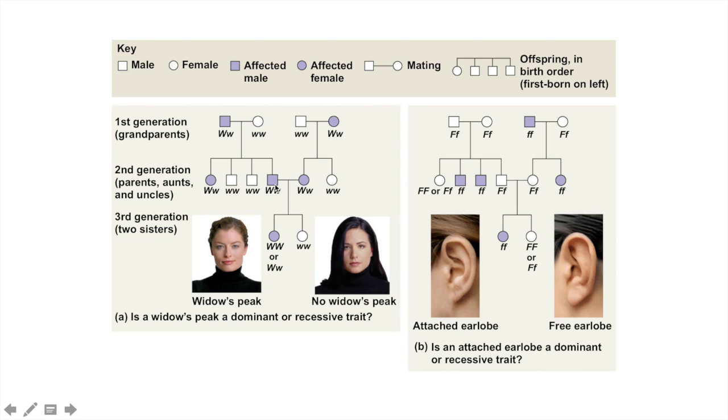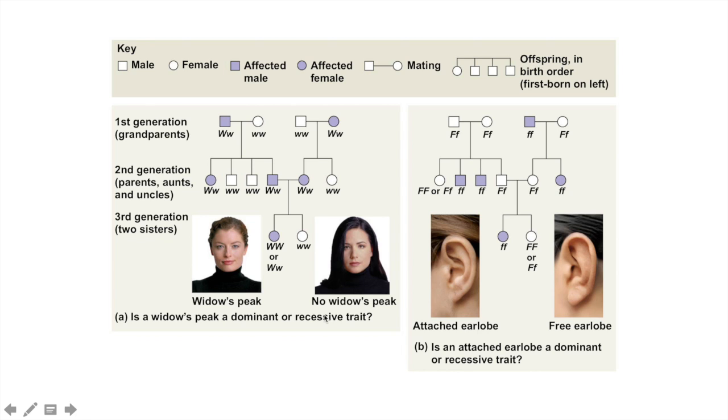So we've got an affected male who is the youngest child of these 4 siblings, and an affected female who is the older daughter. And they got married and they had these 2 daughters, and one of them has a widow's peak, and the other does not have a widow's peak.